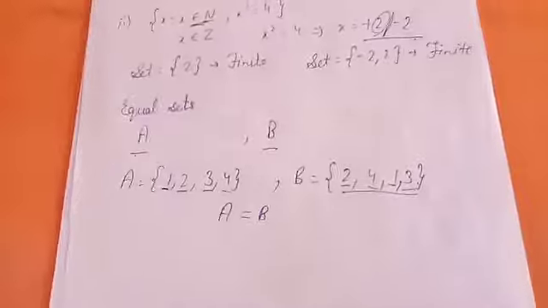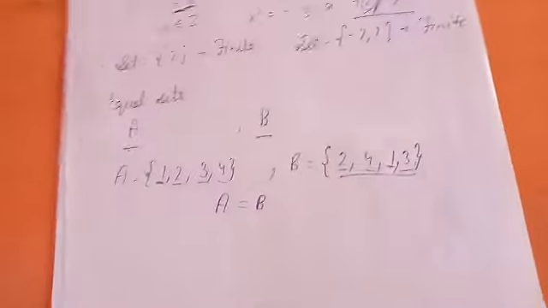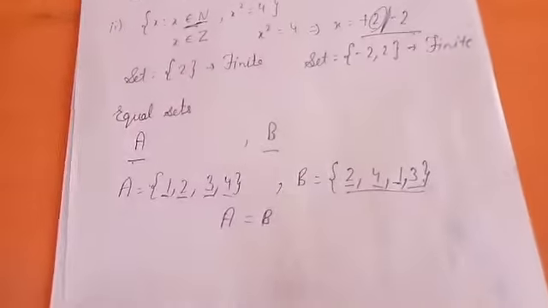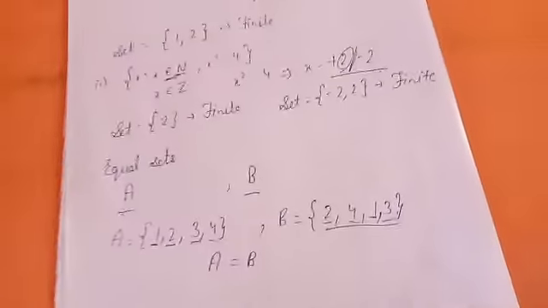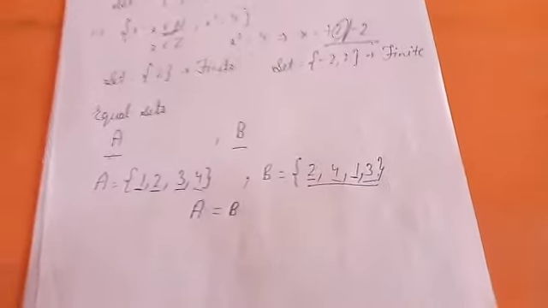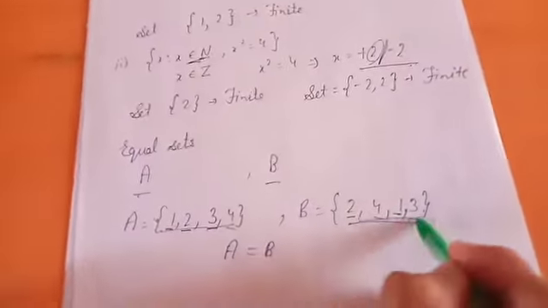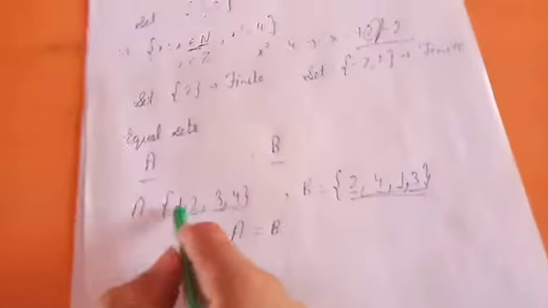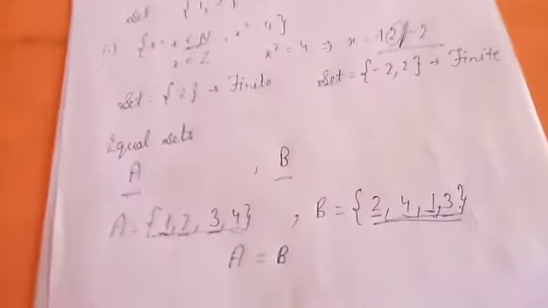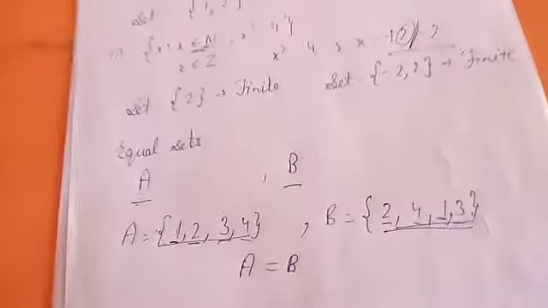Now its definition is: two sets A and B are said to be equal if they have exactly the same elements. It has 4 and it is also having 4, and these are same, so these are exactly same elements.